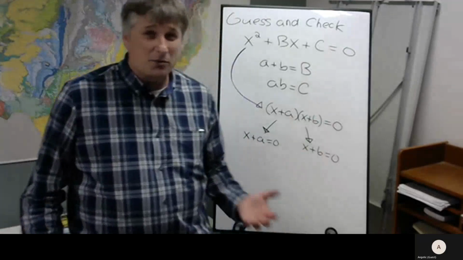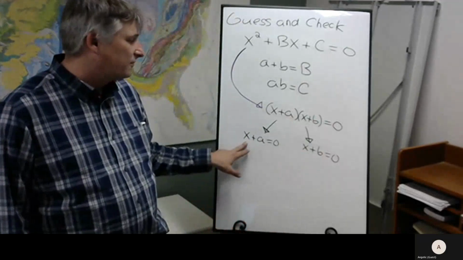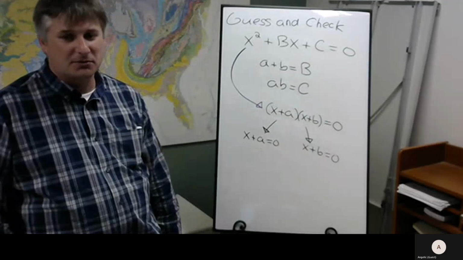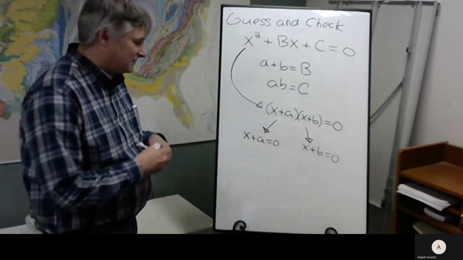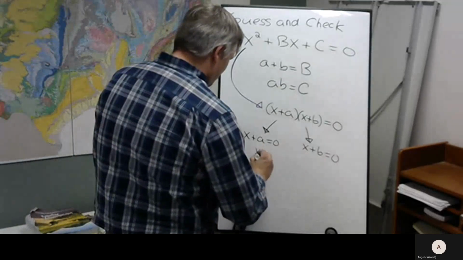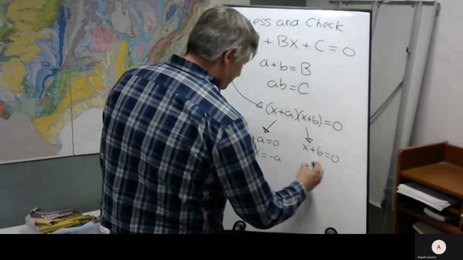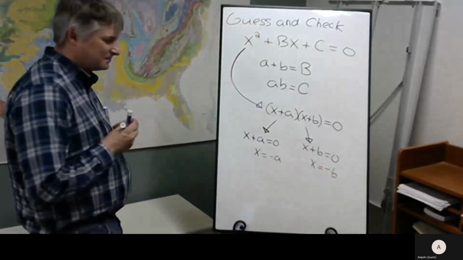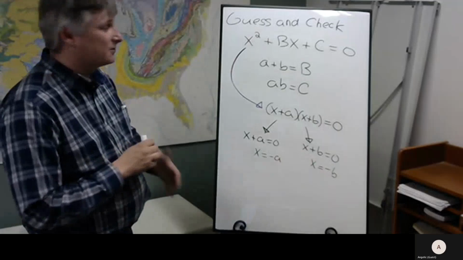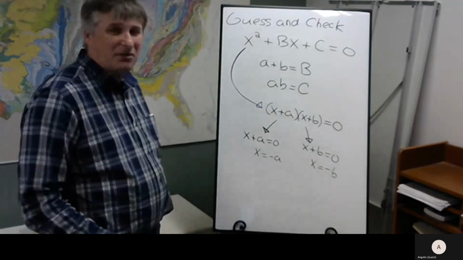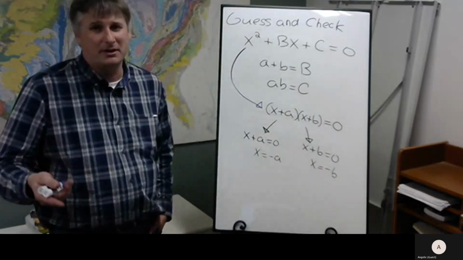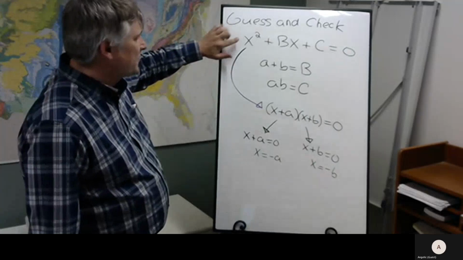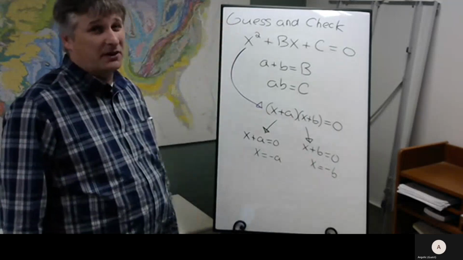So this gives you two equations to solve, and you just solve for x. What you end up getting is x is negative a, x is negative b. And so those become your answers. Again, this method only works if there's a 1 in front of your squared variable.